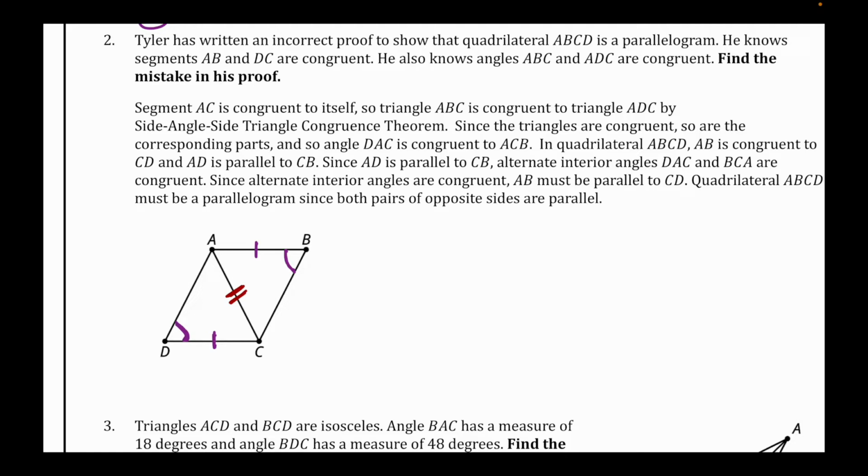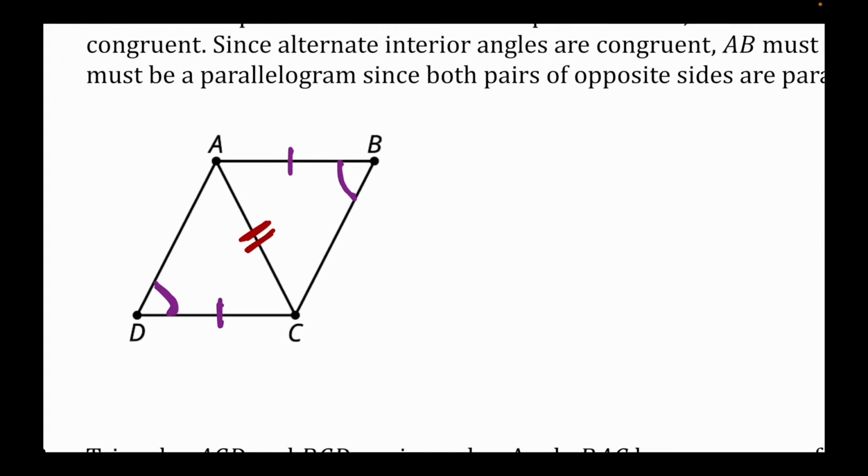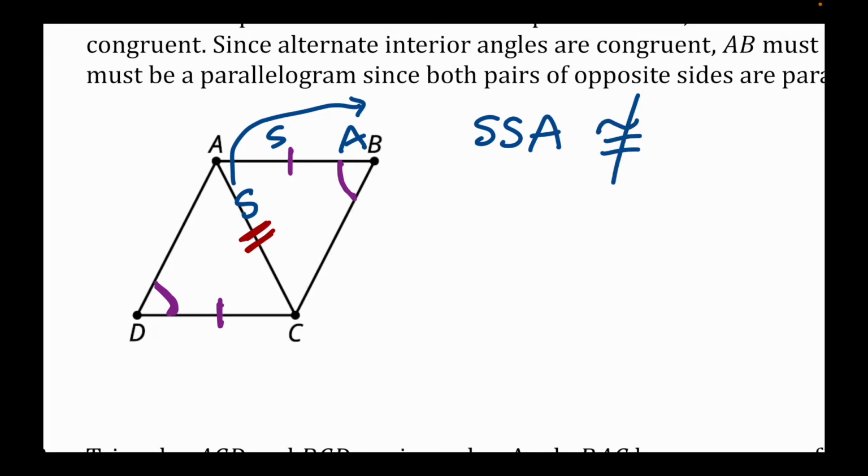Then he says triangle ABC is congruent to ADC by side-angle-side. Let's check, but I don't think we have side-angle-side. I have a side, and then an angle. So side-side-angle is not a congruence.